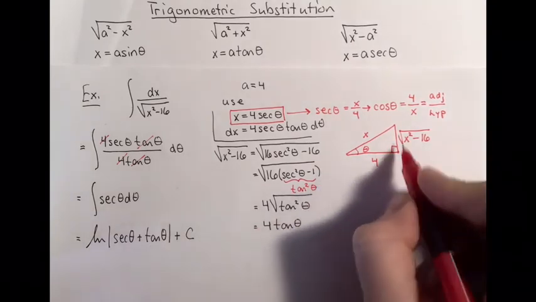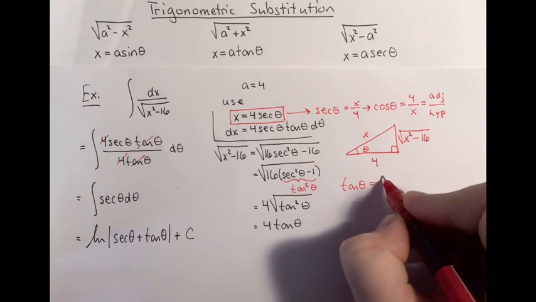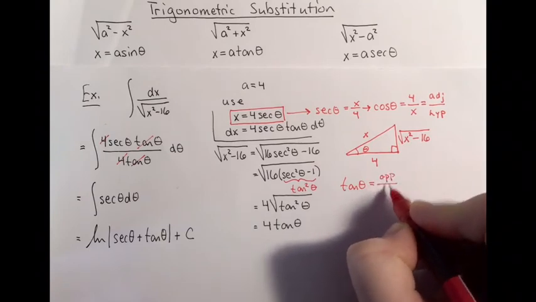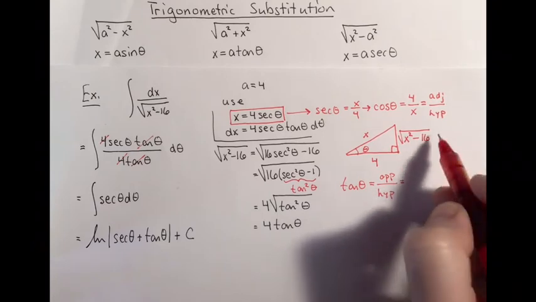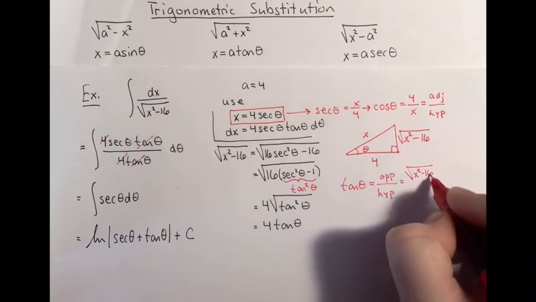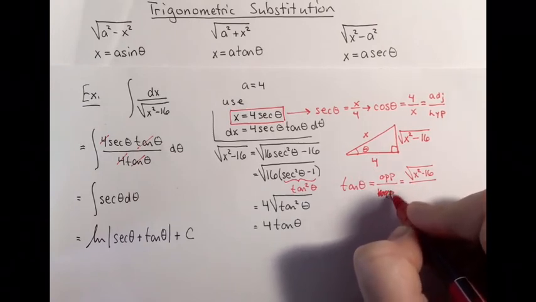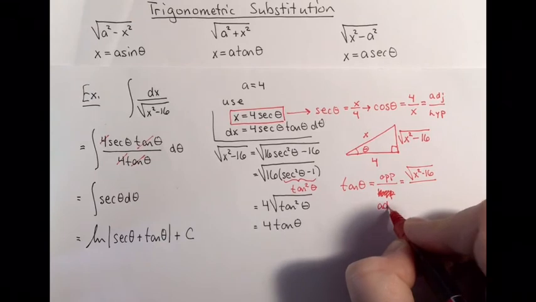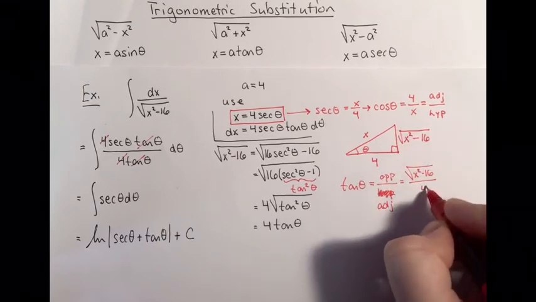So one way of doing that is using this triangle, and we get that tan theta, tan is always the ratio of opposite over adjacent. And so for us, the opposite side is this radical, and the adjacent is 4. So tan theta is this radical divided by 4.